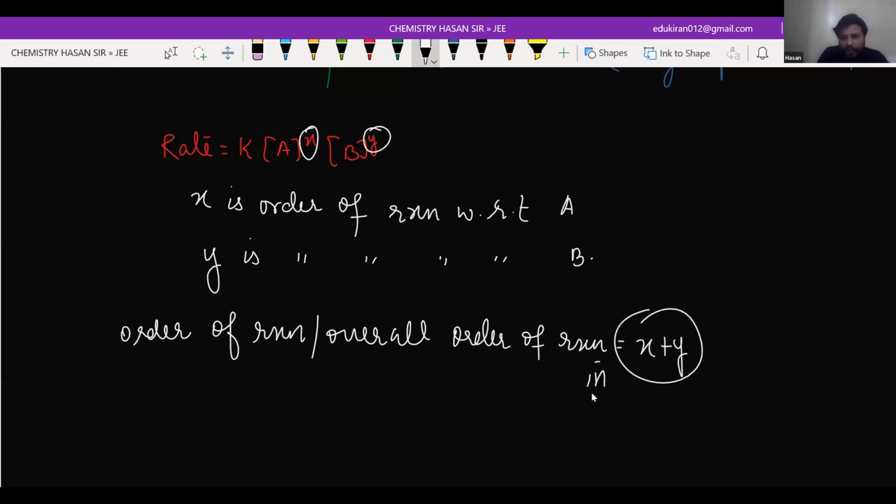Order of reaction is denoted with n. It can be zero, a fraction, or negative as well.